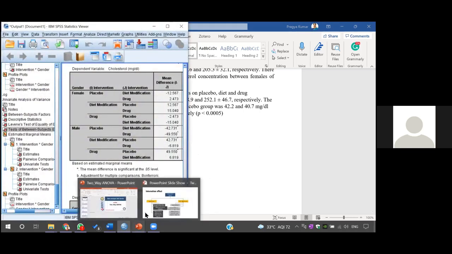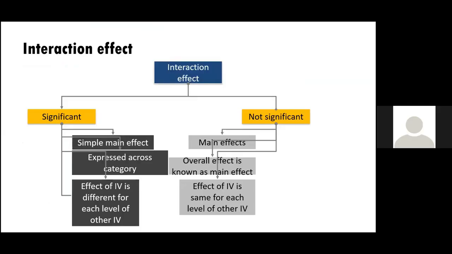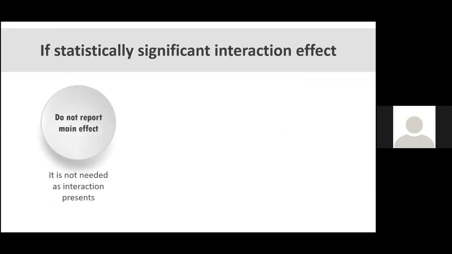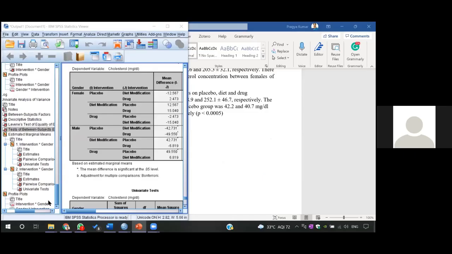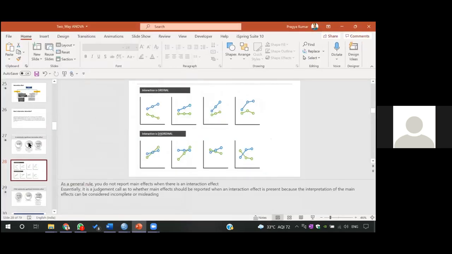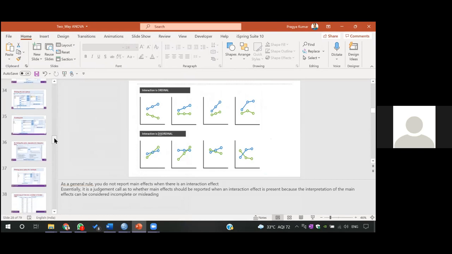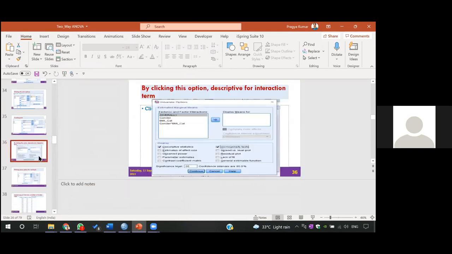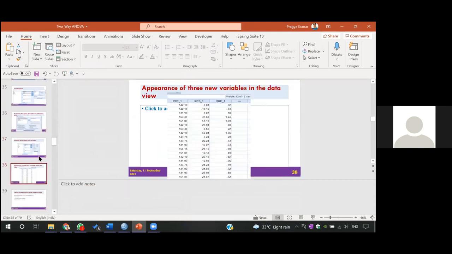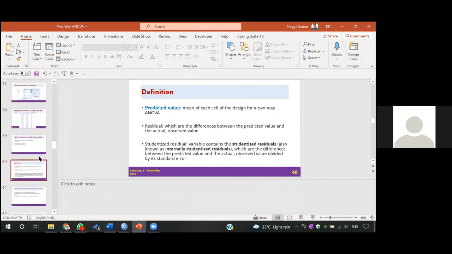So if I go back again to the presentation, and if I see this, maybe that all these commands, let me go to this one. So this we have written here, save option residual, checking residual.